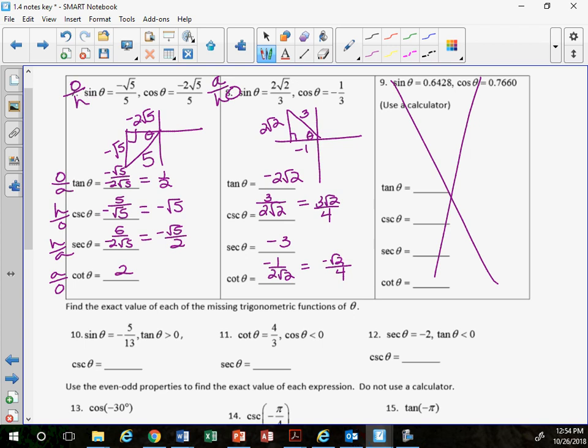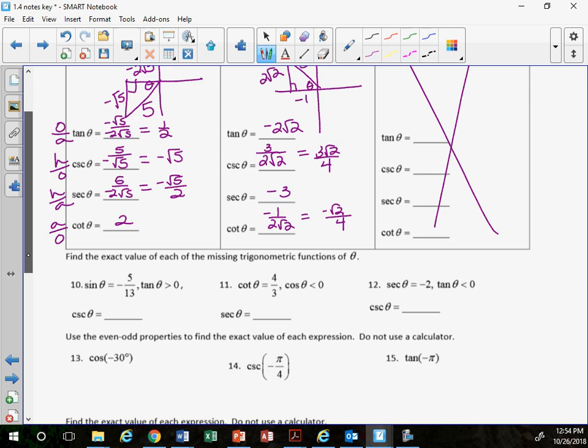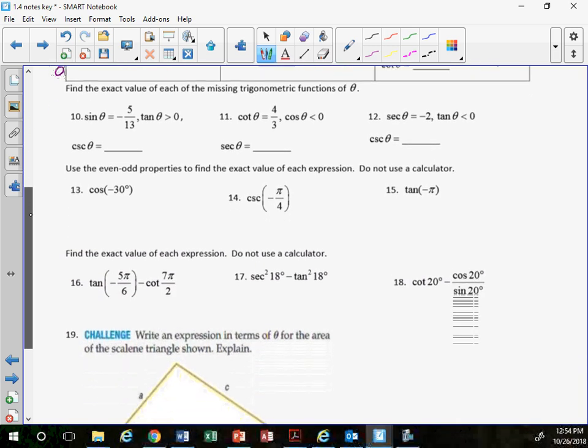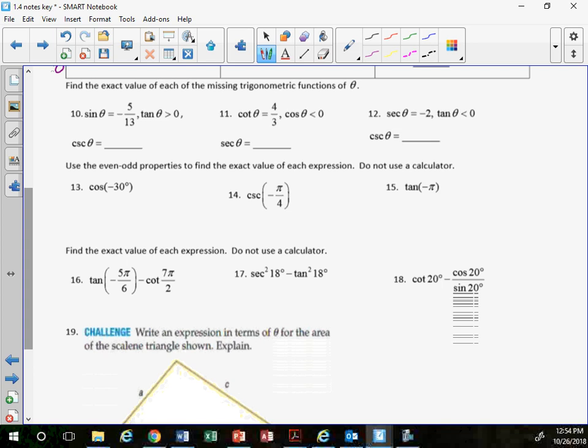Got it? Okay. Let's look at 10, 11, and 12. These are the last 3 we're doing. I didn't give you a lot of space here. So number 10. I've told you what sine is, and then I'm giving you this other information.